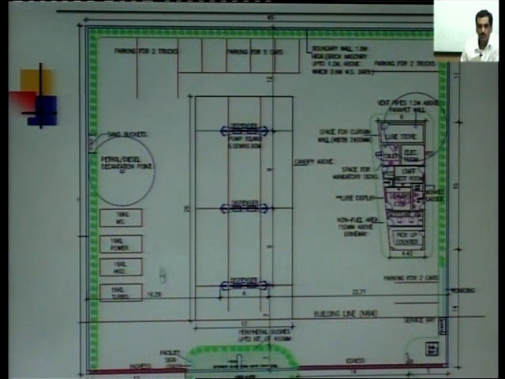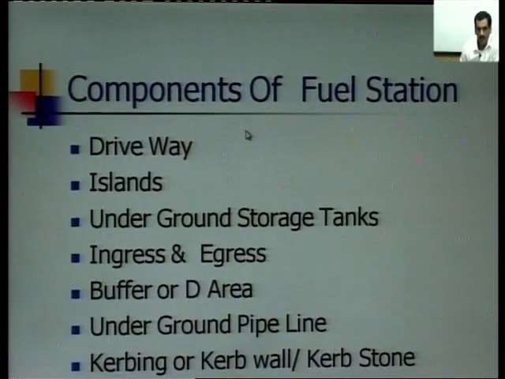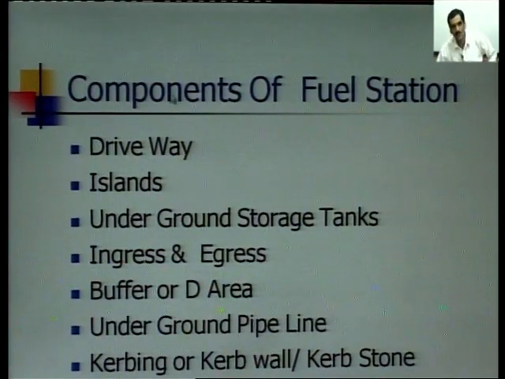So it is fully automated, in which we are going to have petrol tanks and diesel tanks. Apart from these, we'll try to discuss what exactly the other items are.